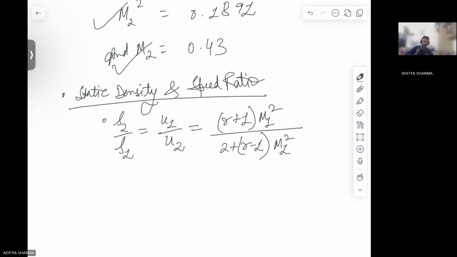So this is the static density ratio basically.